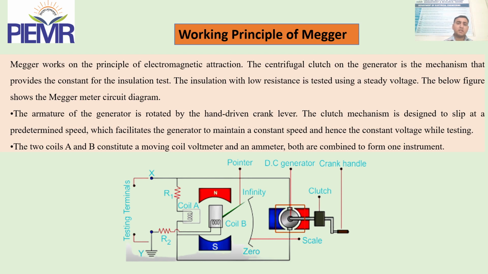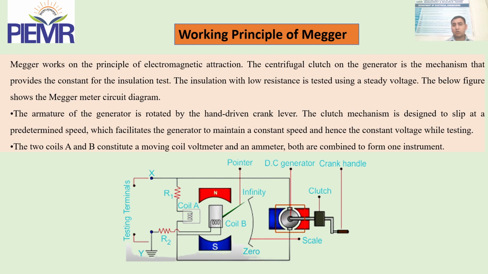As you see in this particular construction, it is a mechanical, moving crank handle type of megger. Today we also have electronic or digital type meggers available. It consists of a DC generator.